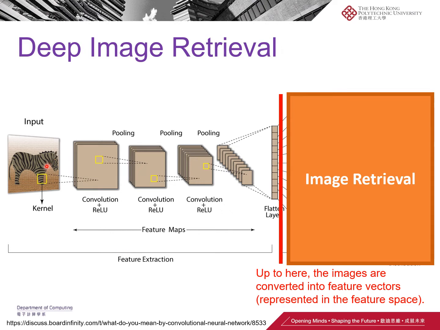Every time you get an input, it goes through the forward path through each of the layers. Then it finally reaches the final convolutional layer, and you get the feature maps. You flatten the feature maps into a feature vector, and the rest is just the same as in the previous method.